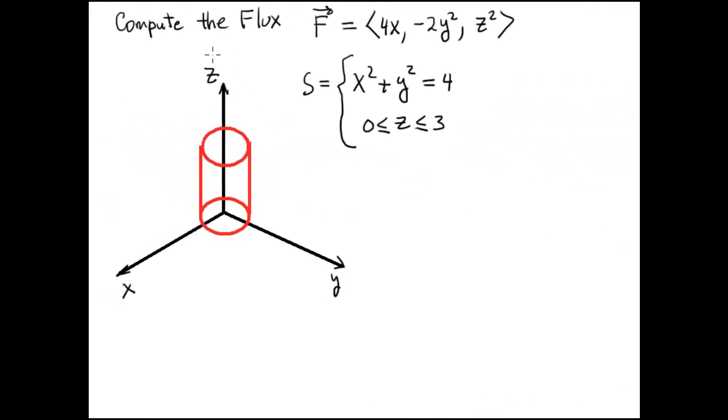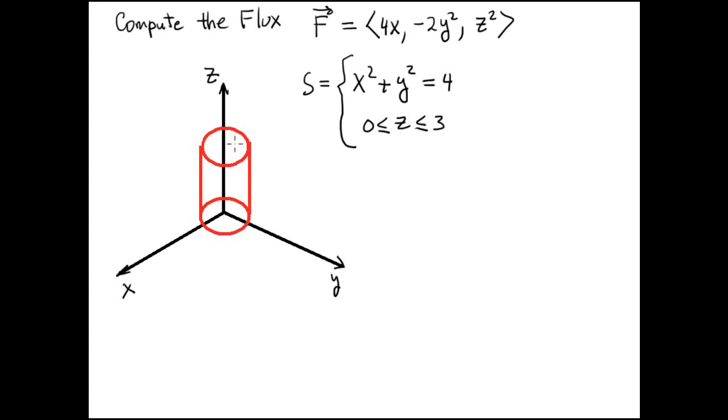Okay, in this problem compute the flux of this vector field on this surface. This surface is a compound surface formed by a cylinder bounded by 0 and 3. So we have 3 surfaces.